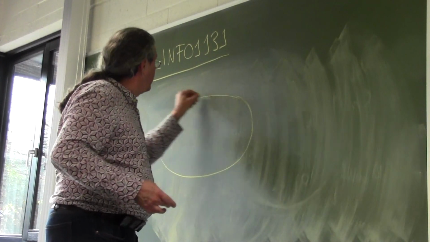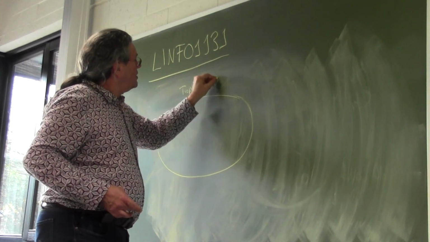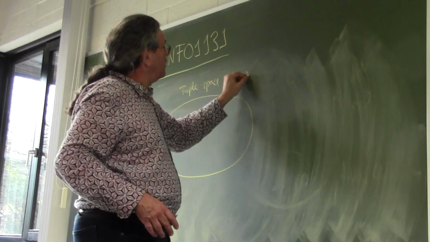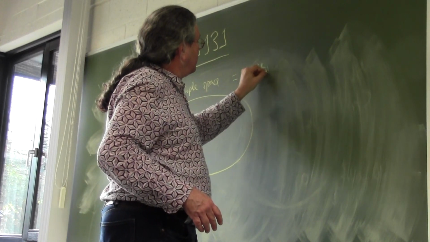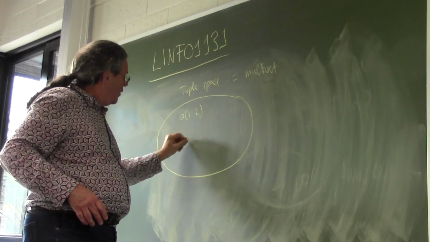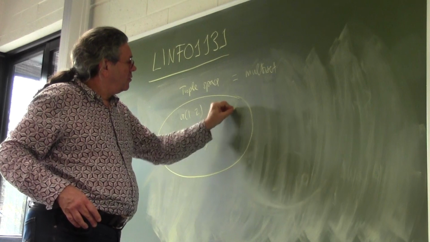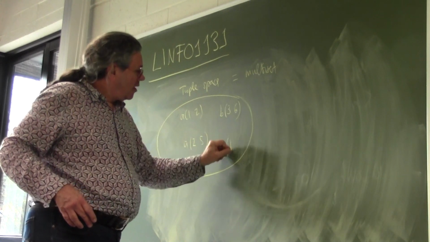So here I have a tuple space. This is just a set, so it's a multi-set. Multi-set means that the same thing can be in there more than once. So here is a tuple, here is a tuple, here's another tuple, here is the same tuple again.